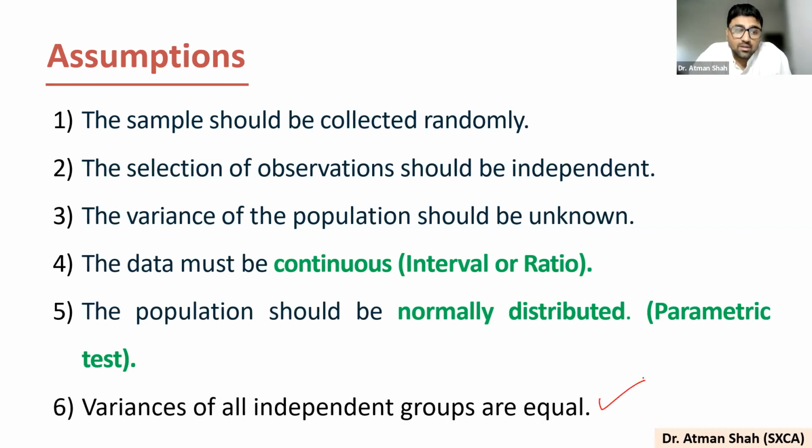This is very important: variances of all independent groups are equal. We did this analysis in the independent samples t-test, the Levene's test for equality of variances. So here also we assume that variances of these 2 or more groups are equal. Under these assumptions, we can perform either one-way ANOVA or 2-way ANOVA. These assumptions make ANOVA a parametric test.